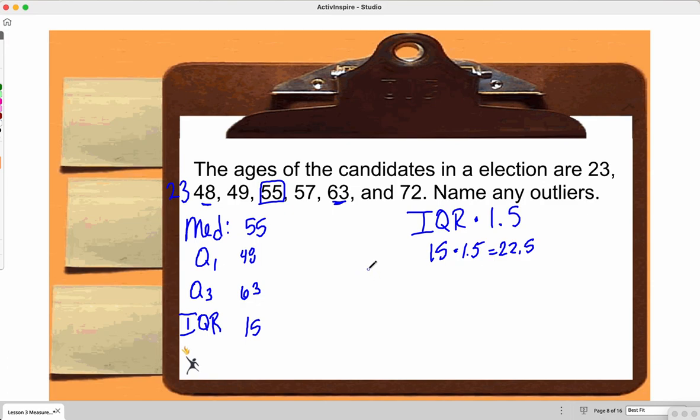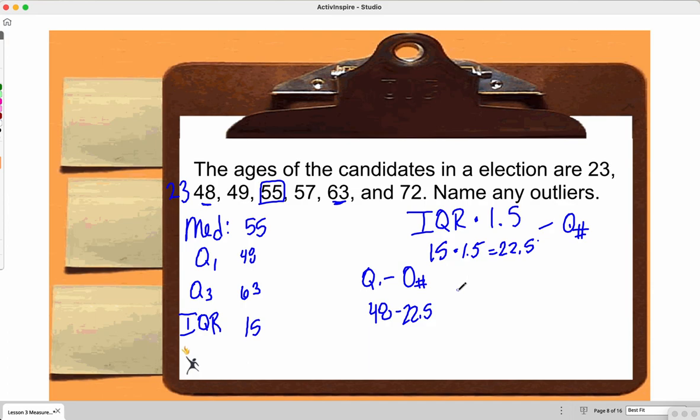So the first thing I'm going to do is quartile 1 minus this number, okay? Which I'm going to call the outlier number, the O number, okay? So I'm going to do 48 minus 22.5.